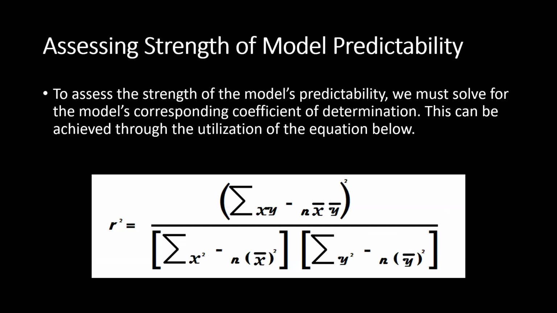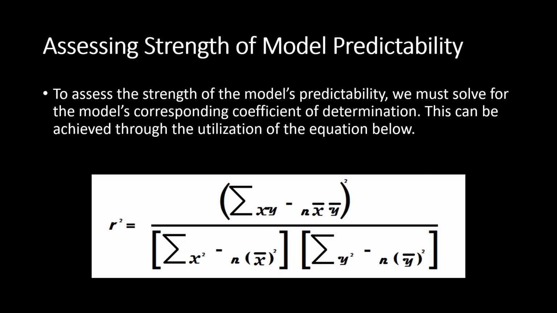Now, if we were going to work through the math to assess the strength of the model's predictability, we would use this formula here. And once we go through how the math is actually formulated, the different aspects of the model, we'll do the example and a subsequent example for multiple linear regression in RCommander.